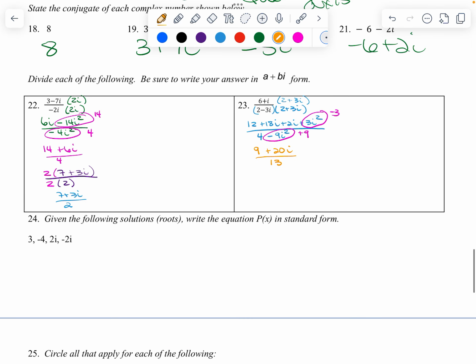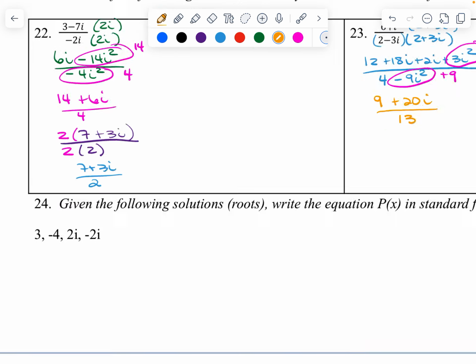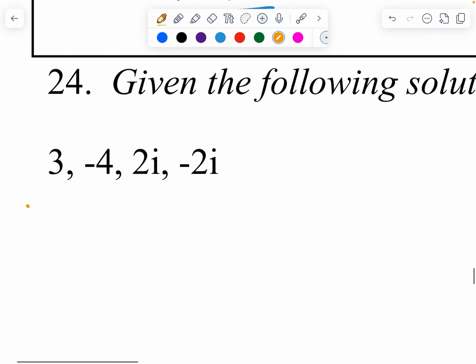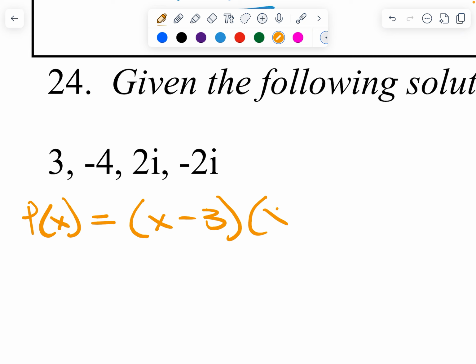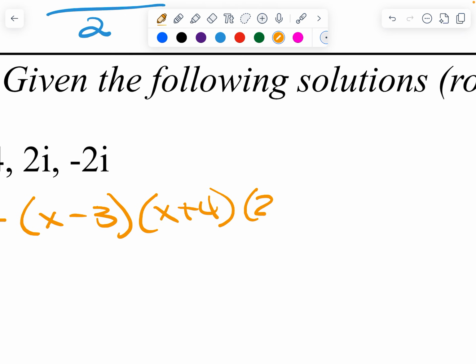Okay. Given the following, write in standard form. Okay, so it wants p of x. So that means x minus 3, x plus 4. Why did I do that? x minus 2i and x plus 2i.